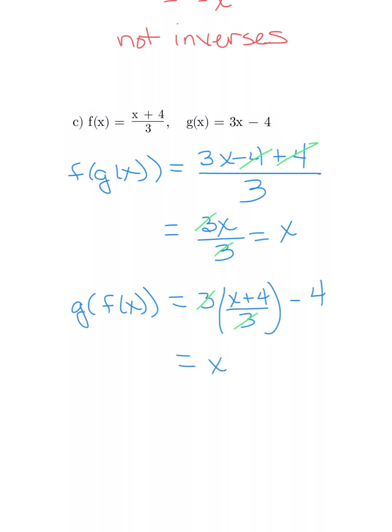So now we have x plus 4 minus 4. But plus 4 minus 4 equals 0. So this composition simplifies to be x also. So are these inverses? Yes.